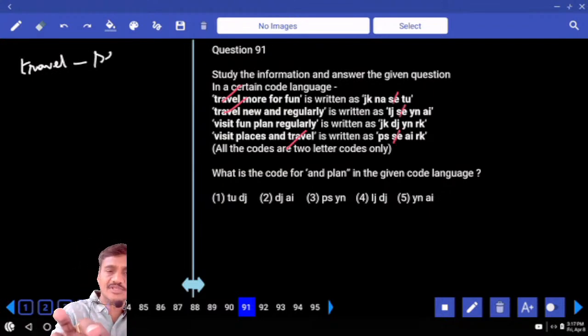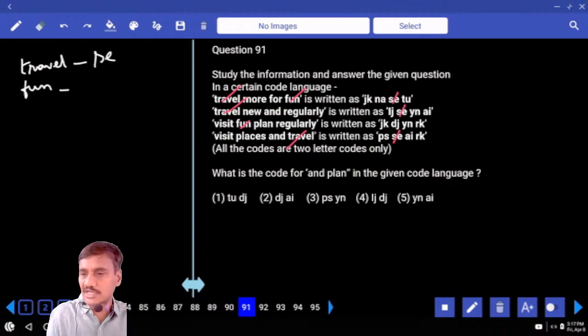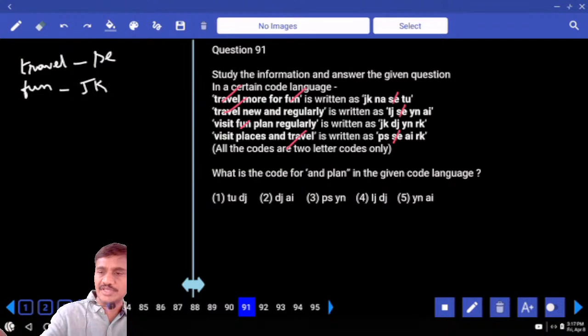The code for travel is SC. Then if you compare 1 and 2, more for fun. No word is common between 1 and 2. And 1 and 3, more fun, and fun is the word that is common between these two. The code that is common between the first and the third is JK. The code for fun is JK.